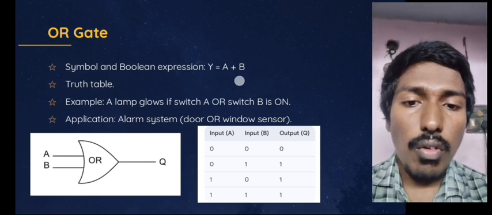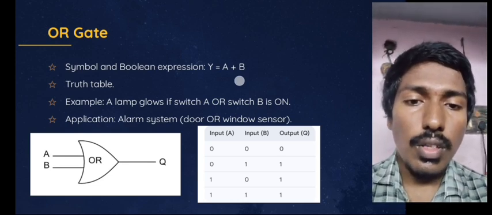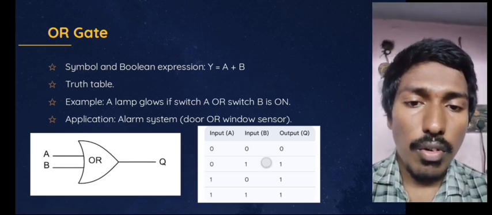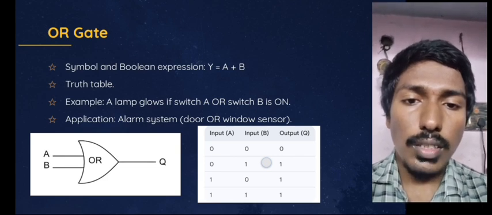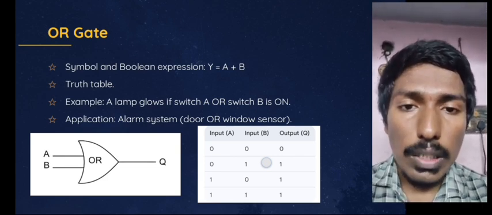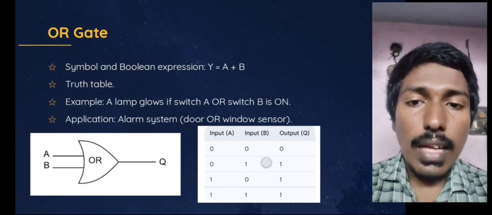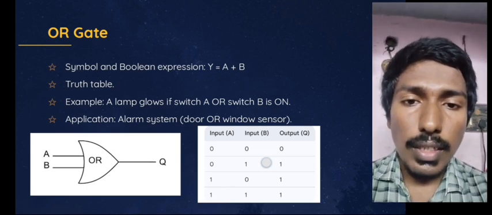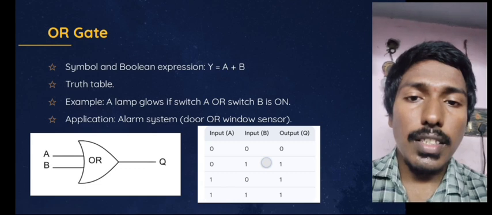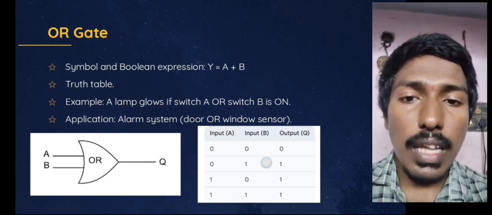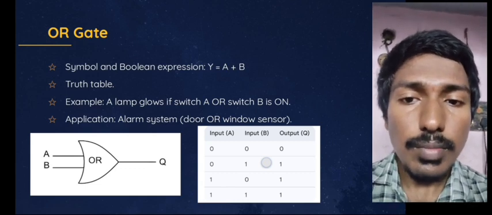If you give 1, 0, the output is 1. If you give 1, 1, the output is 1. The inputs are added, so the output is A plus B. It is a Boolean expression. You can see that in the truth table.